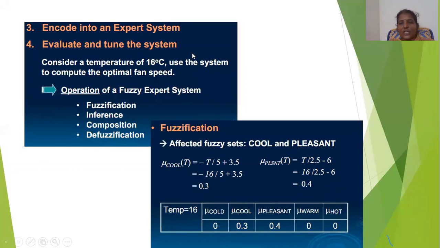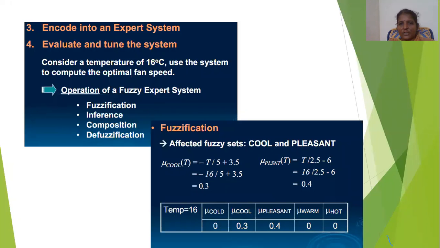So based on the classification of your fan speed and ambient temperature, you were going for determining the optimal temperature setting as well as fan speed of the air conditioner.